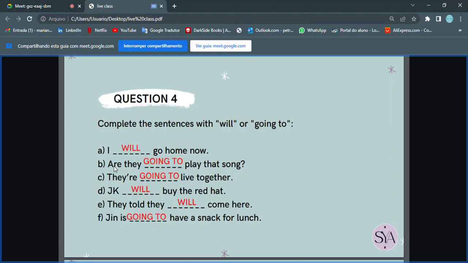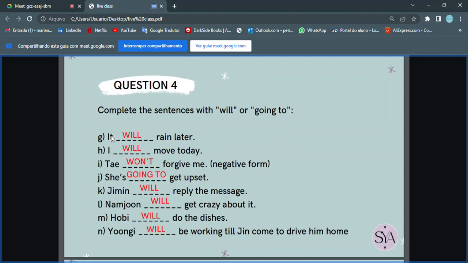So let's analyze. In this sentence, we have the to be verb, so we use the going to. And you guys can see it. So in all the sentences where we don't have the to be verb, it's will.